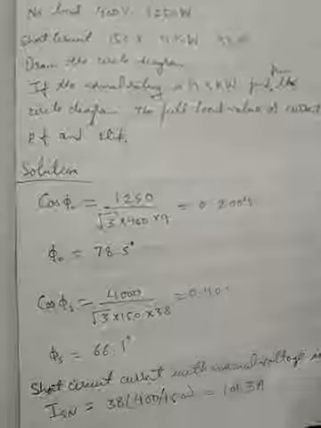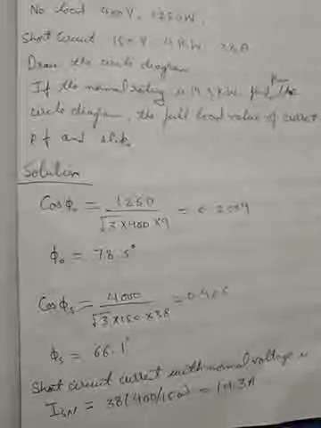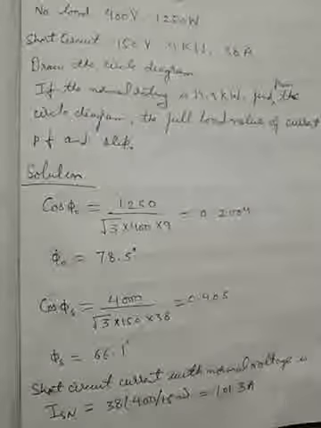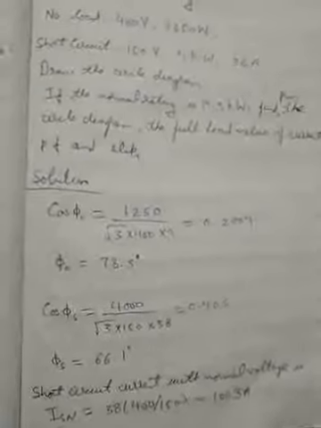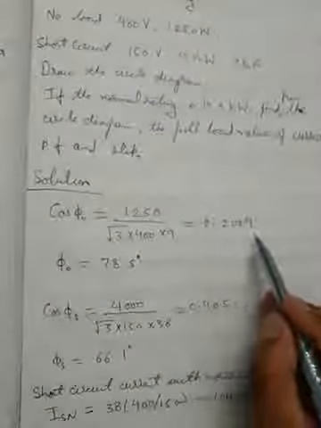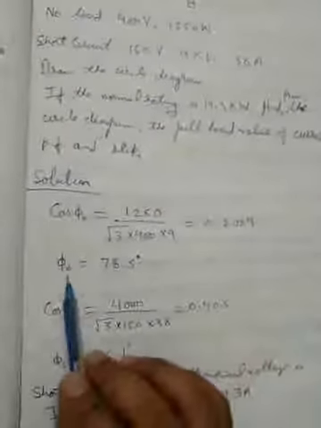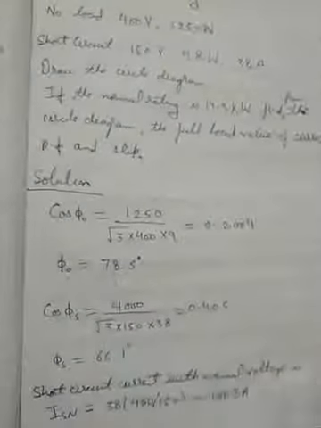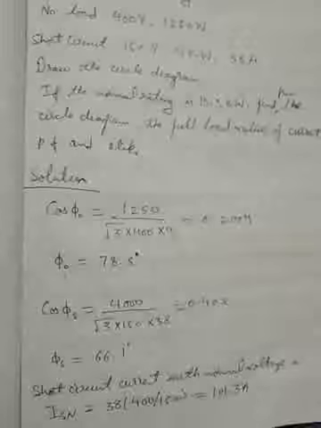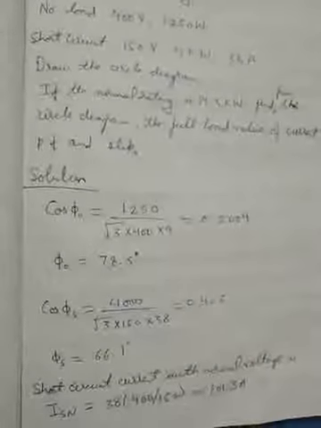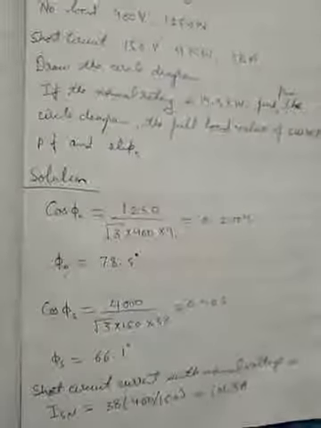Now cos phi 0 is equal to 1250 divided by root 3 into 400 into 9, which is equal to 0.2004, and we calculate phi 0. We calculate it from the formula P is equal to root 3 VI cos phi.